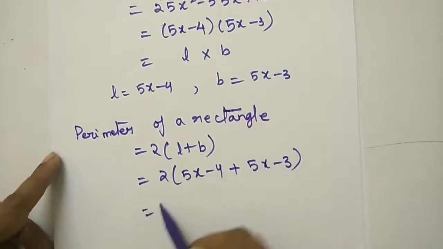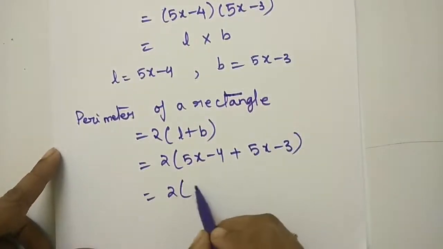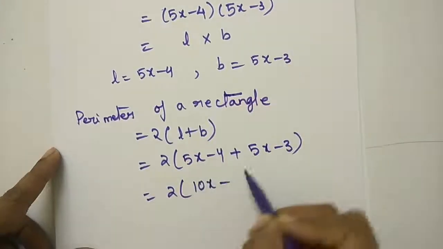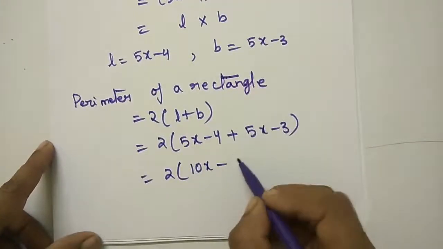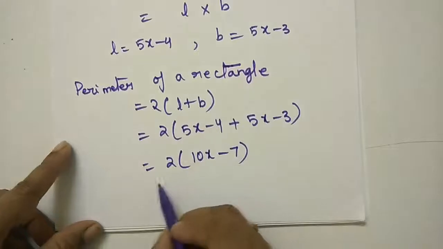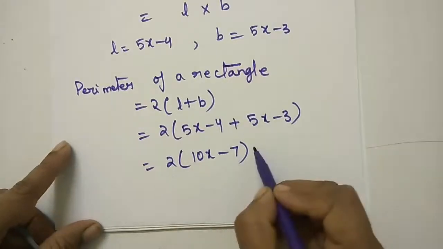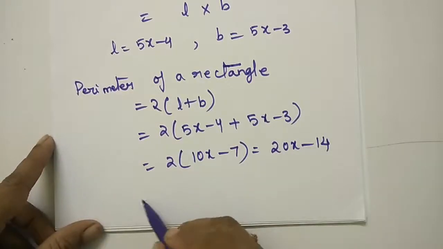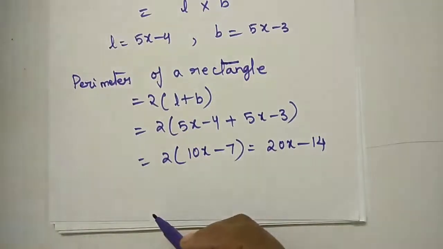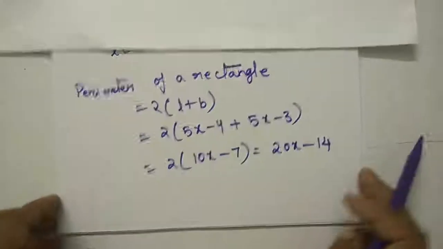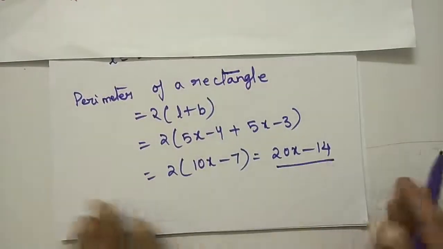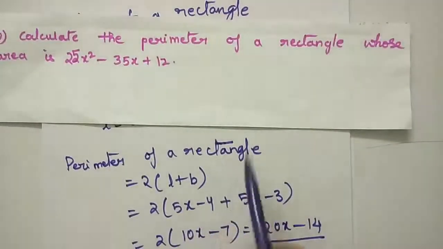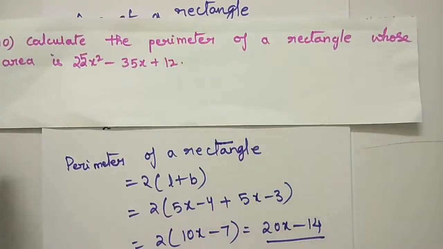So this is equal to 2 into 10x minus 7. This is equal to 20x minus 14. Therefore, the perimeter of the rectangle is nothing but 20x minus 14, which they asked in the question. We have done it.